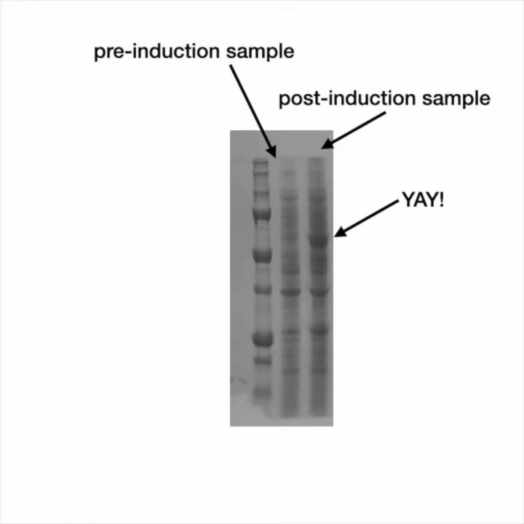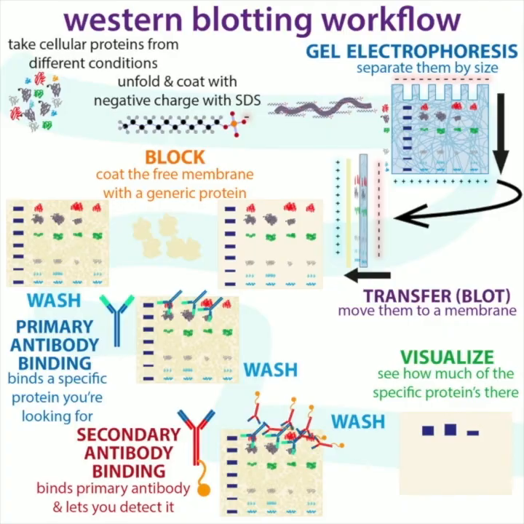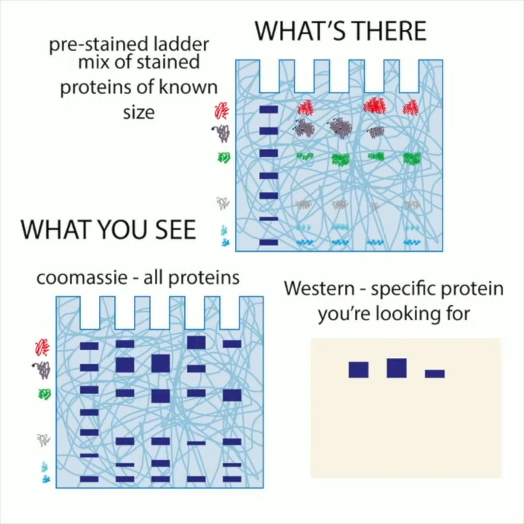And so one of the things you might want to do is a Western blot. The basic idea with a Western blot is, what I was showing you before was a Coomassie, which basically stains all the proteins. What you're going to do with a Western blot is you use antibodies to look for specific proteins. So this is an SDS PAGE gel. We're separating proteins by their length in this gel mesh.